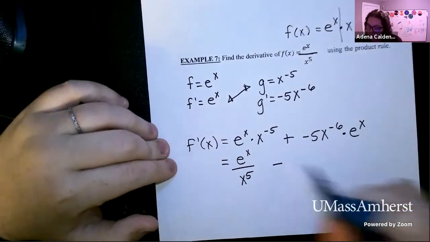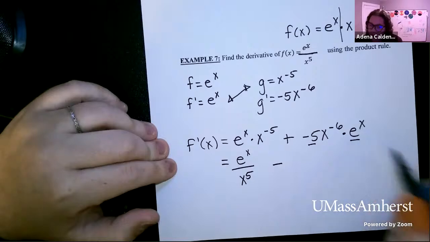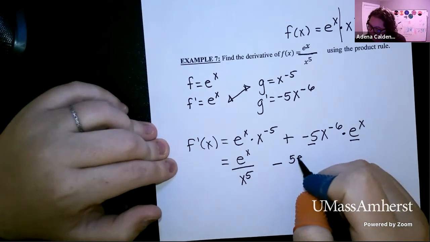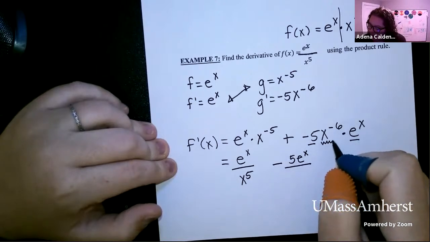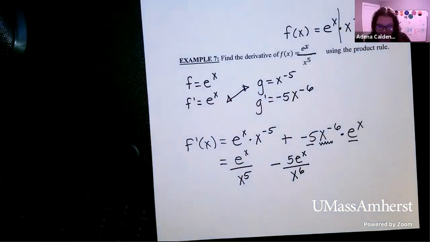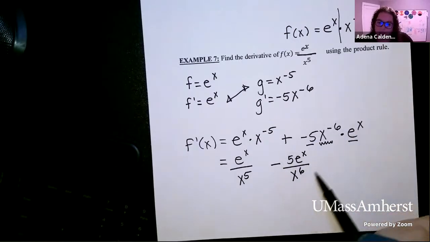So we're going to write that as minus. And then here, the 5 and the e to the x are going to stay up in the numerator because those don't have negative powers, but the x to the sixth term, we can put down here in the denominator like this. So we can simplify the second term to look like this.